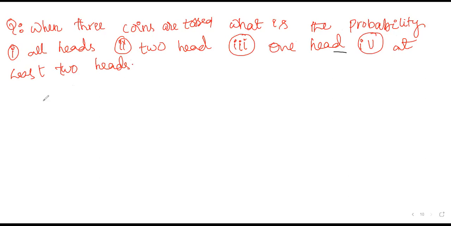First we'll see total outcomes. Solution: the total outcomes, if 3 coins are tossed, is 2 power n, where n value is 3, isn't it? 2 cube means what? 8.